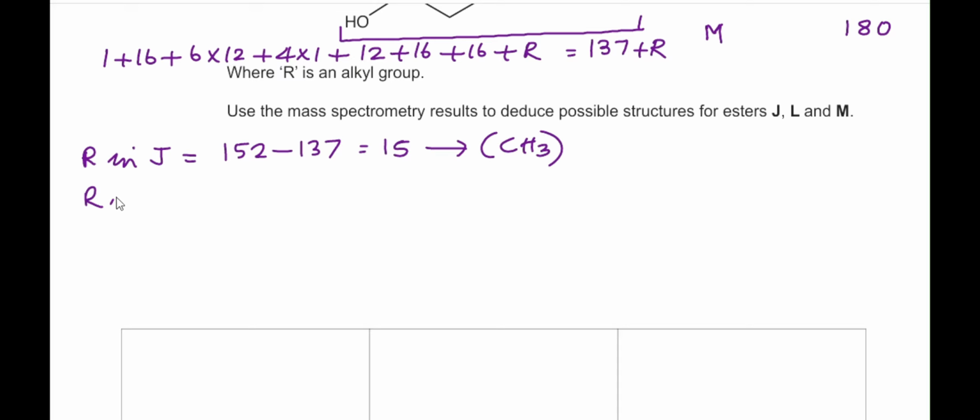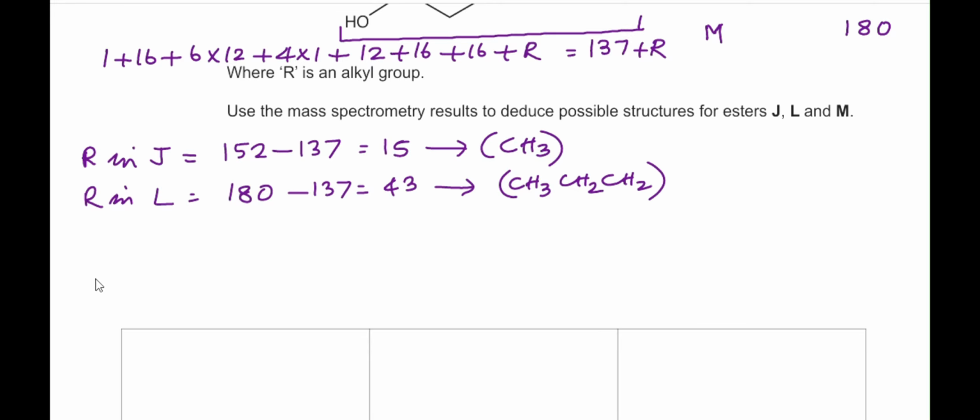R in L is equal to 180 minus 137 is equal to 43, and that will be CH3, that is 15, another CH2, another CH2. Then R in M is also 180, so minus 137 is equal to 43.